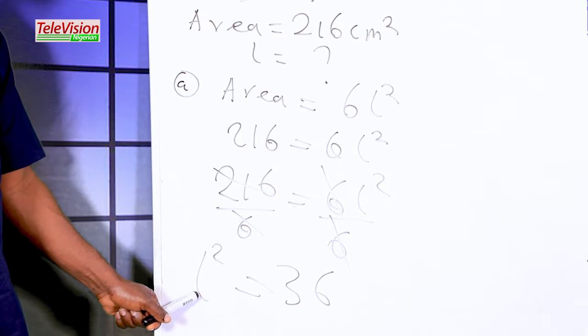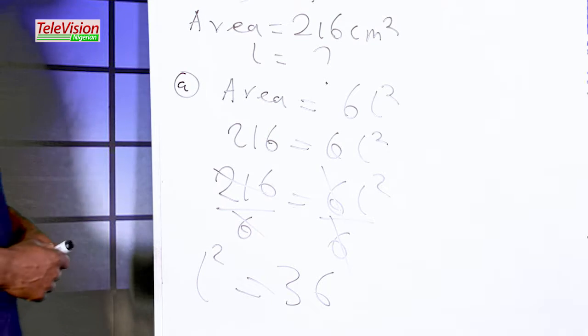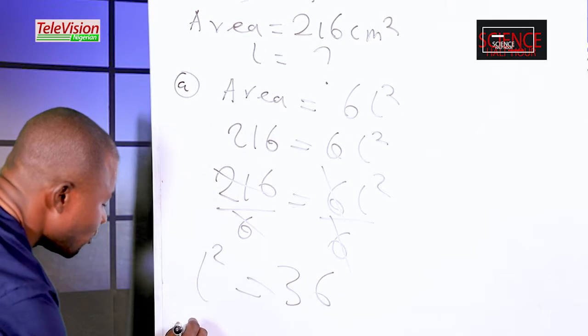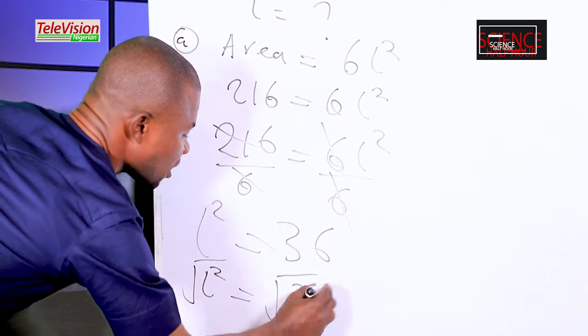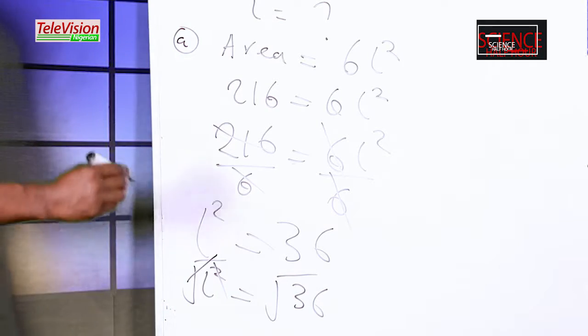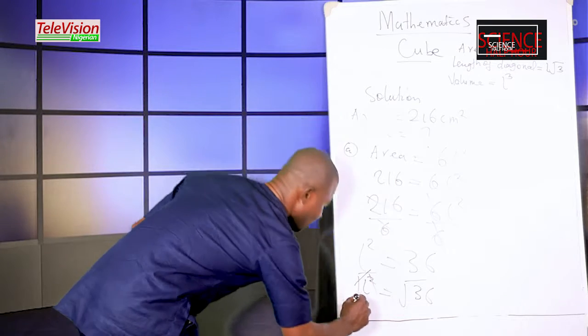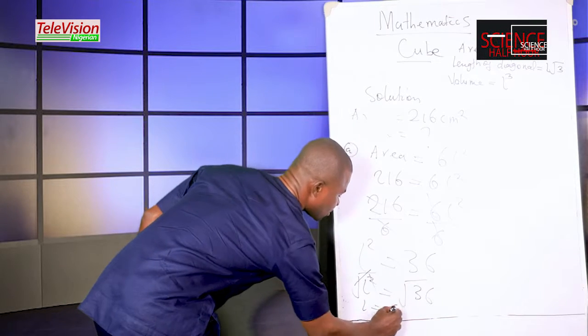We look for L by taking the square root of both sides. The answer will become square root of L squared is equal to square root of 36. This square will cancel the square root. The answer gives us L is equal to square root of 36, which gives us 6.